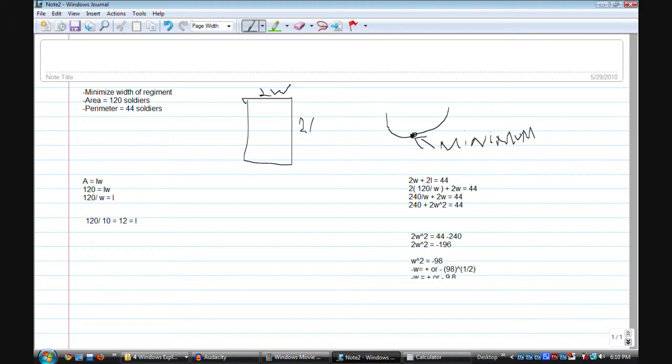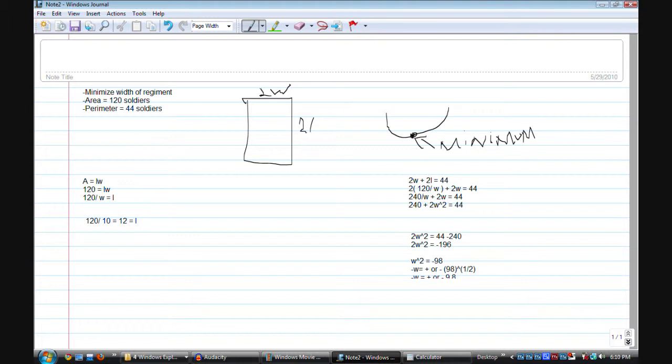And so we get 120 divided by W is equal to L, and I left it at that and went back to make another equation that we need for the optimization, since in optimizations we need at least 2 equations. And I wrote 2W plus 2L is equal to 44, and this is where these numbers come into play.